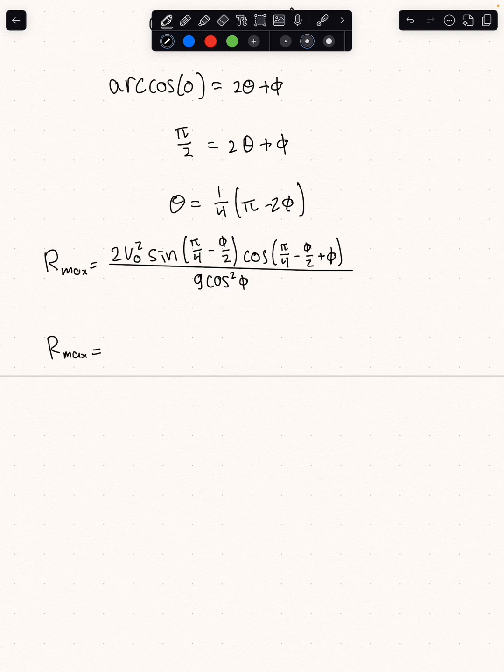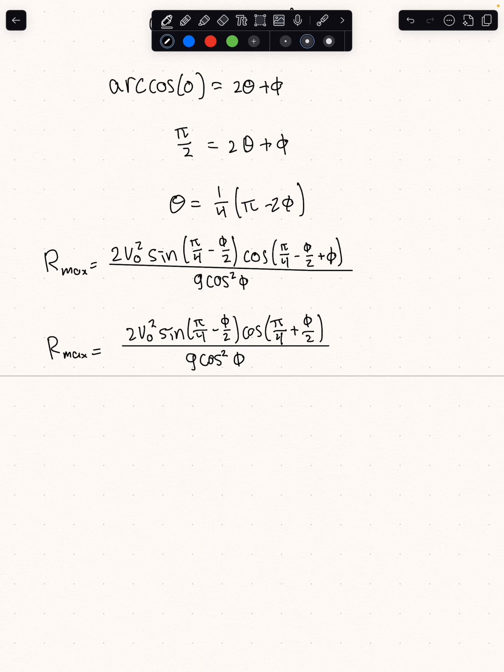Simplify this a little bit. We still have 2 V naught squared sine of pi over 4 minus phi over 2, multiplied by cosine, still pi over 4, but now we have plus phi over 2, and this all over g cosine squared phi still.